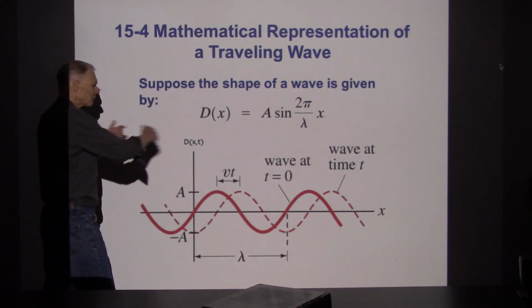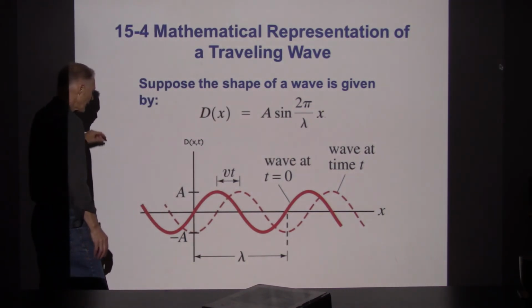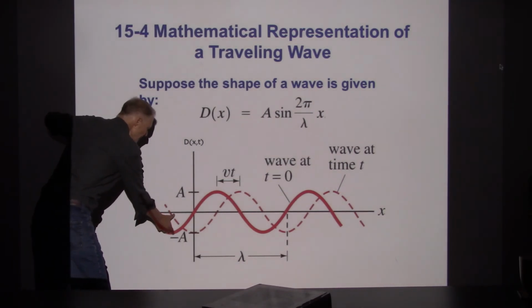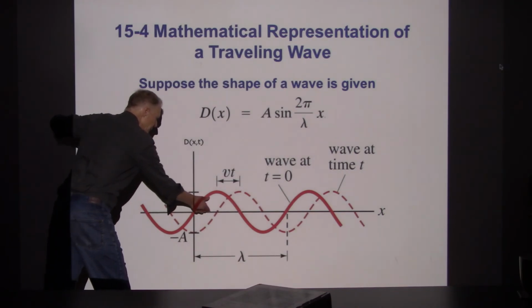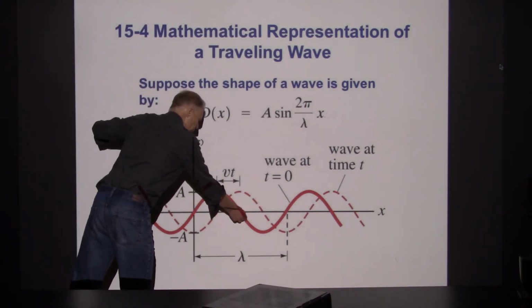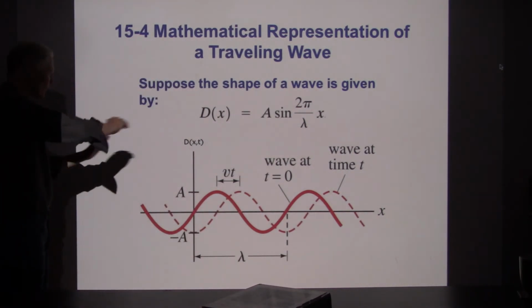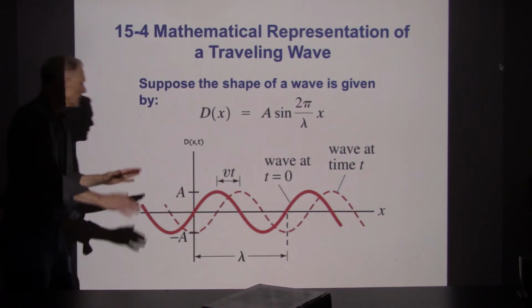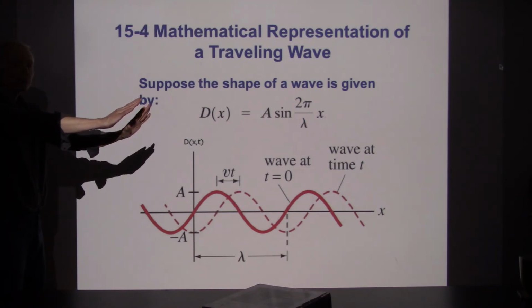We could go to the left, but for now let's just go to the right. So each part of the medium is displaced by a different amount at a certain instant. As the wave propagates through, we maintain that profile, and that entire profile shifts.